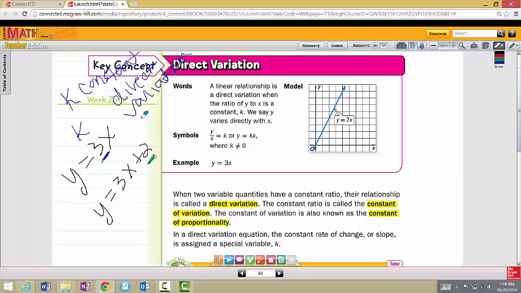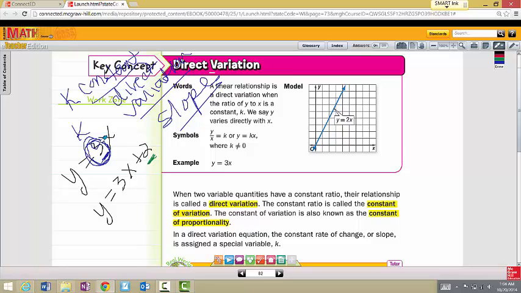Now, those are both very fancy words for what you learned about in the previous lesson, which is slope. Your constant of proportionality, that 3, means that's the slope of your line.